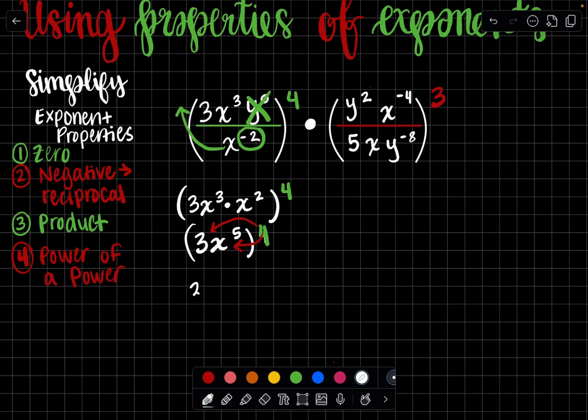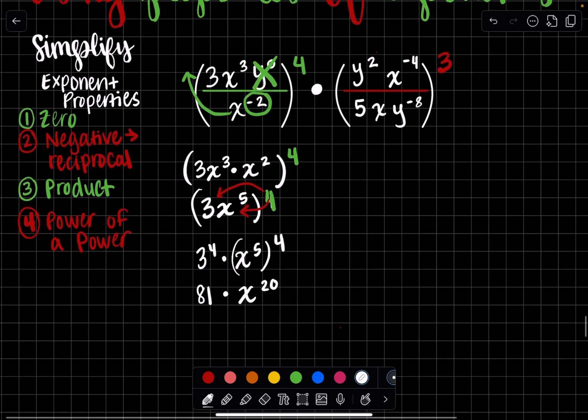So if I have 3 to the power of 4, that's like saying 3 times 3 times 3 times 3, which I know is 81, times x to the power of 5 raised to the power of 4. When I'm taking a power of a power, I multiply the exponents. So this turns into x to the power of 20. Okay, so I'm finished over here. I'm just going to write this in green, 81x to the power of 20.